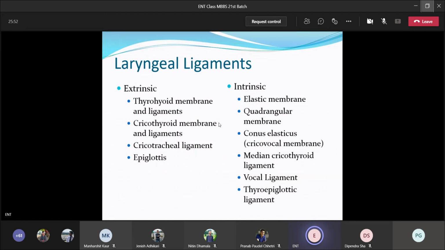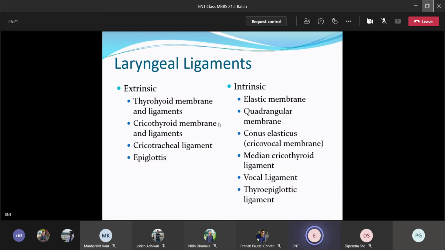Now the intrinsic ligaments are the elastic membrane, the quadrangular membrane, and the conus elasticus. Look at the conus elasticus, which is also called the cricovocal membrane. Sometimes a short note on conus elasticus will come in the theory paper.